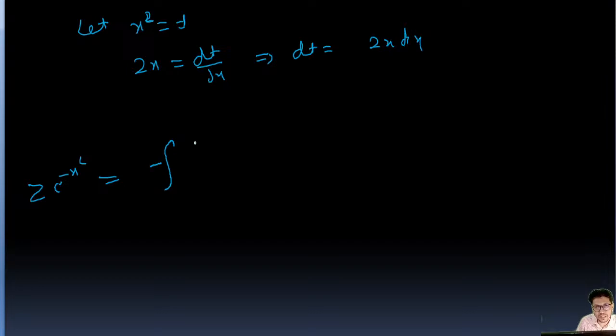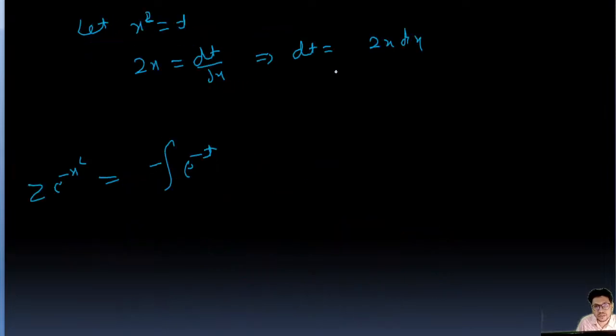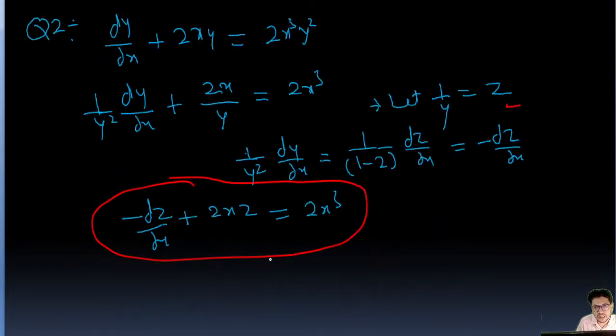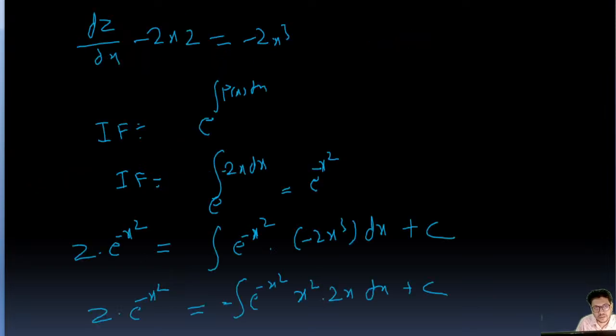So integration, minus x square is e to the power minus t, and 2x dx value is dt, and x square means t.